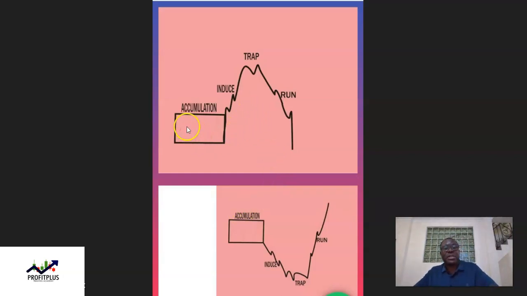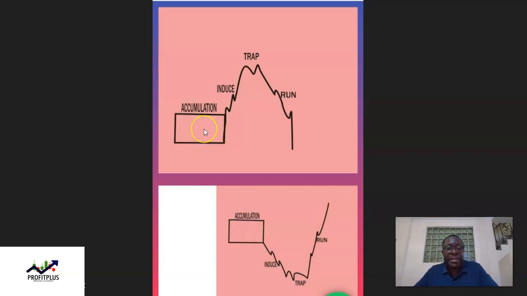All right, first is the accumulation phase. This is where the dealers, the market makers, begin to accumulate orders, and this usually happens during the Asian session, depending on your location in the world. For those in Africa, it's usually in their night time, maybe beginning from 10 p.m. down to maybe 6 a.m. in the morning.